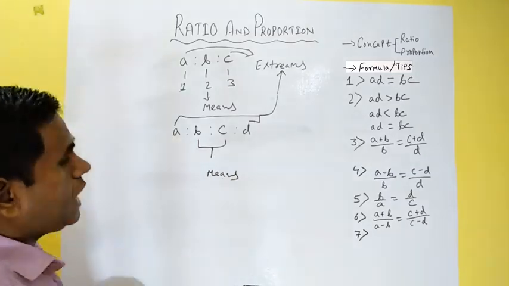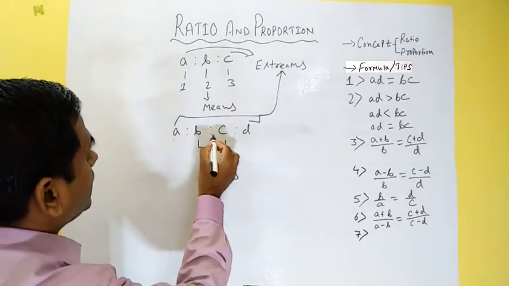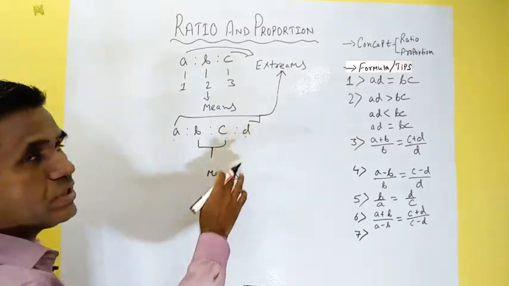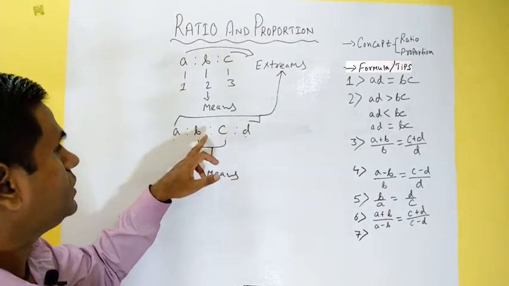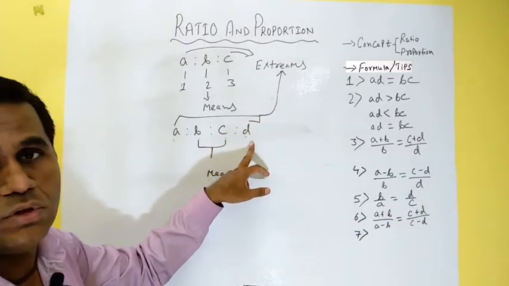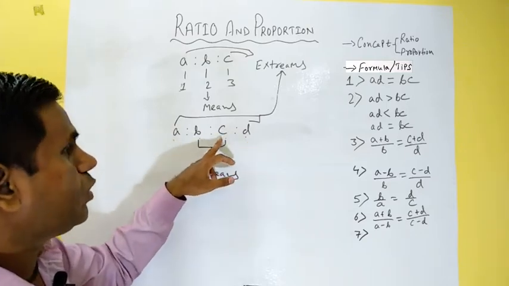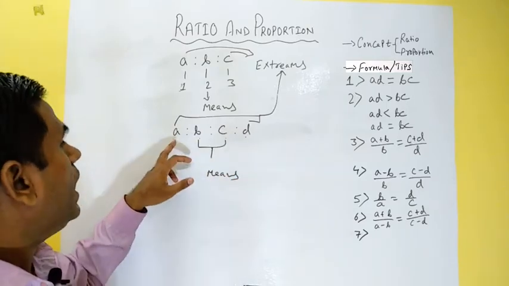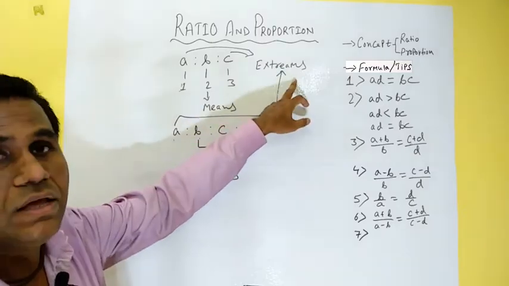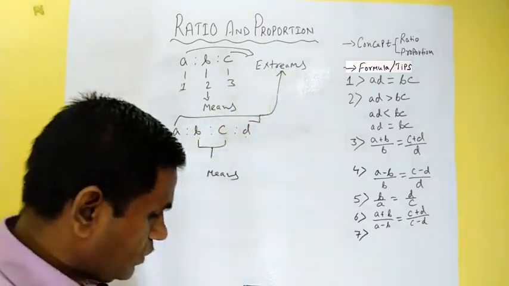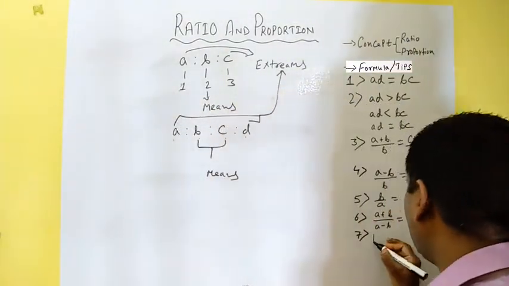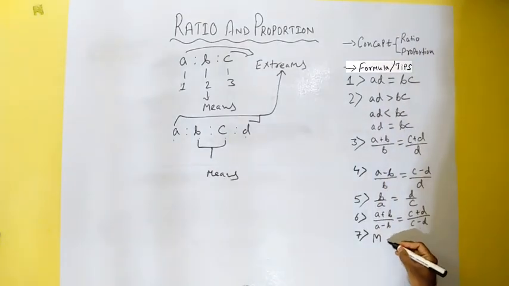Here we have four proportions: first proportion, second proportion, third proportion, fourth proportion. The second and third proportions are means, and the first and fourth proportions are extremes. So in the seventh one we have learned means and extremes.